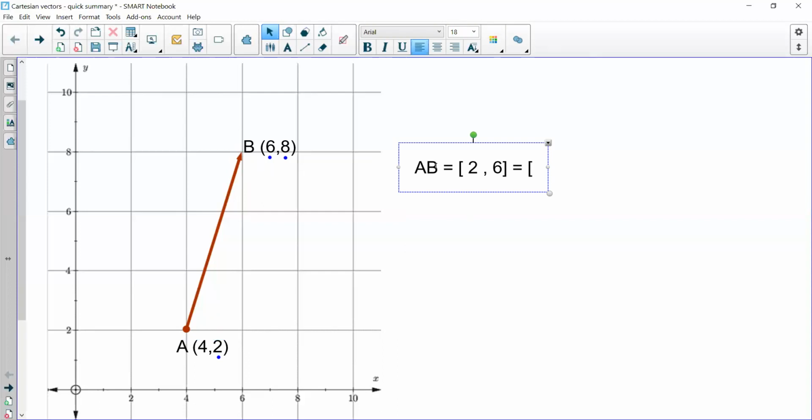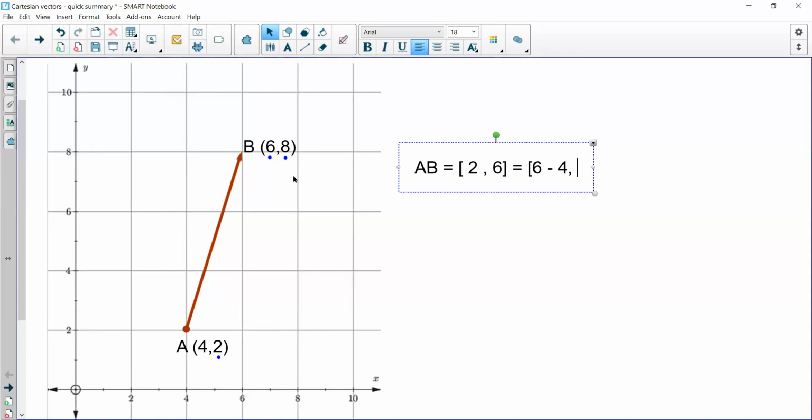Notice it's AB. So to get a value of 2, think of it as a distance from the ending point, in this case, a horizontal value of 6, taking away 4. That will give us the 2. So this is a way of calculating the horizontal and vertical components without using just simple logic.